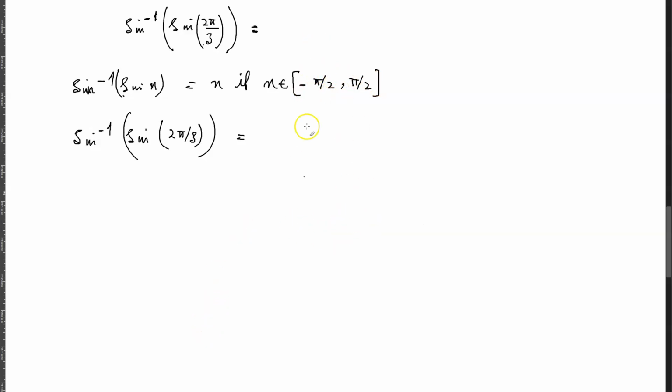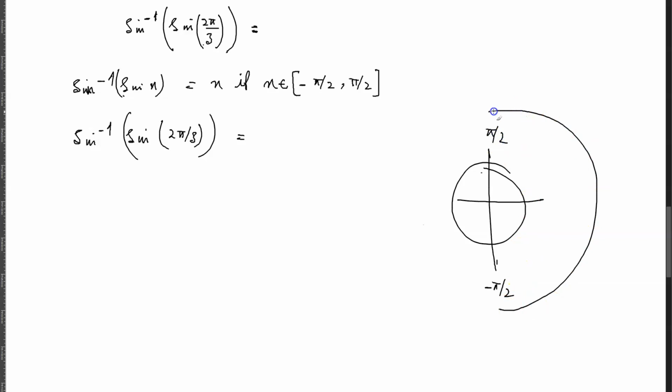And we saw in the unit circle why that is. So negative pi by 2 to pi by 2 is basically this is negative pi by 2 and this is pi by 2, so you can go from here all the way up to here. If this x belongs to this domain, then of course I could write, for example, the sine inverse of sine of x as x. But as you can see, 2 pi by 3 is some angle over here and doesn't belong to this domain.